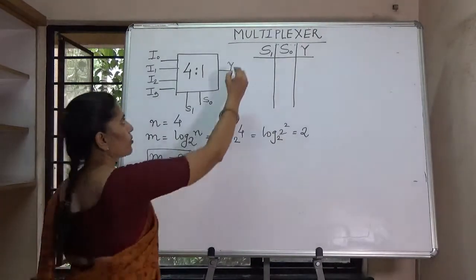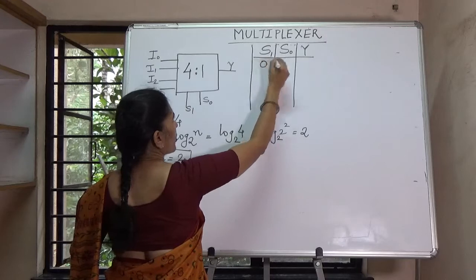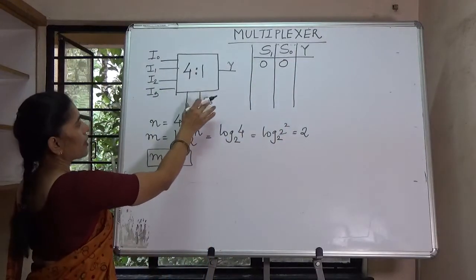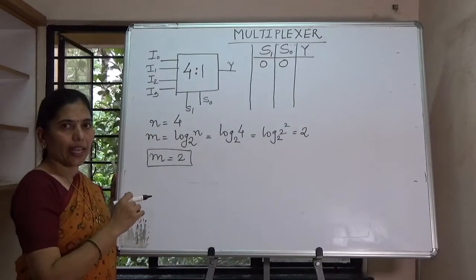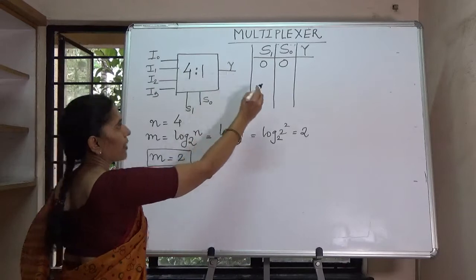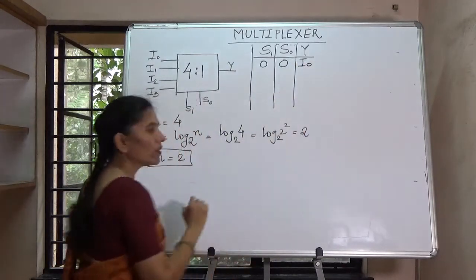Let us now assume that if we give S1 and S0 as 0, 0, then the multiplexer is selecting the I0 line and it is connected to the Y line. So Y will be equal to I0.